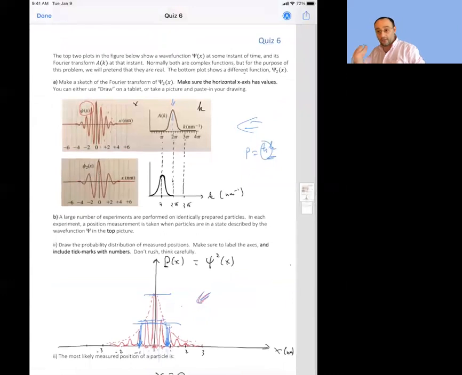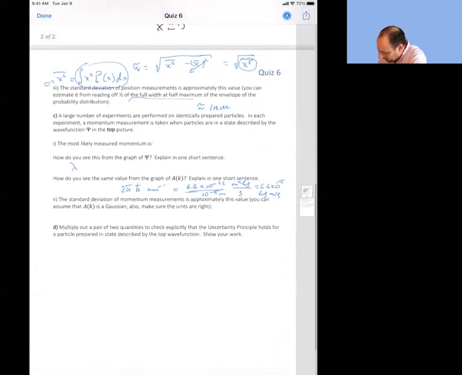Let's say I didn't have A of k. Well, I look at the wave function, I see it's not a pure sine wave, but it's a pseudo sine wave, or a quasi sine wave, that has clearly 1 nanometer wavelength present in it. And I say, aha, the dominant wavelength is approximately 1 nanometer.